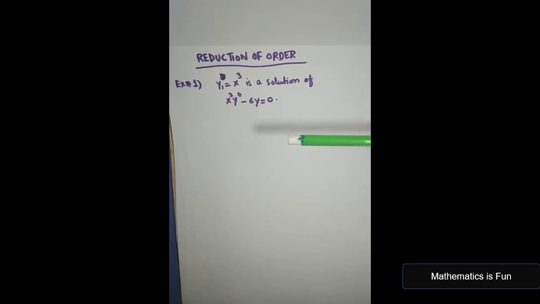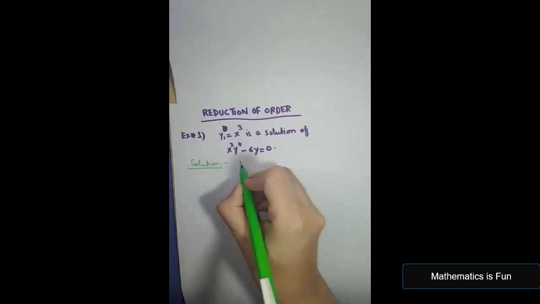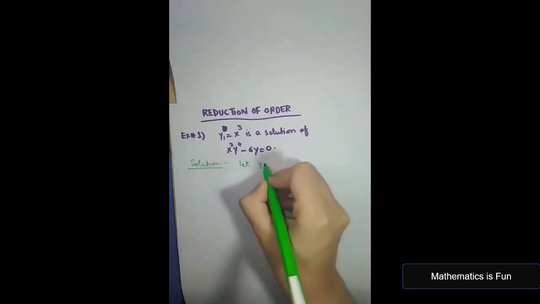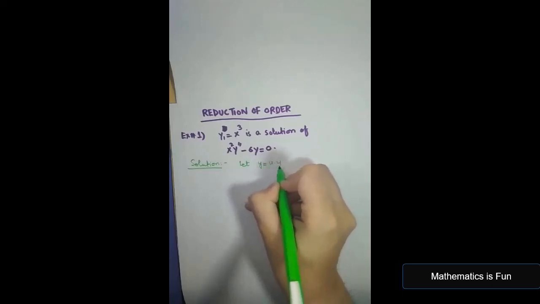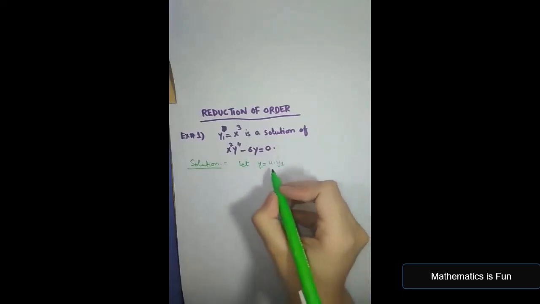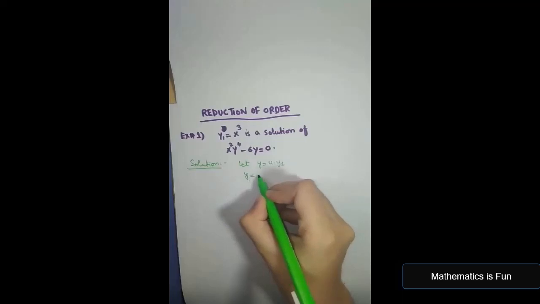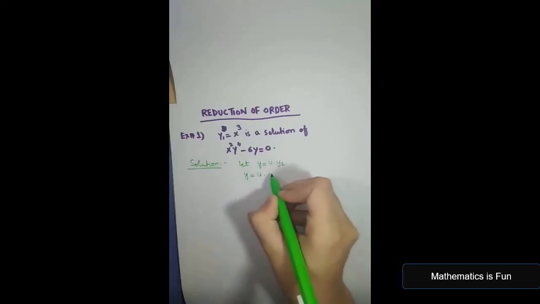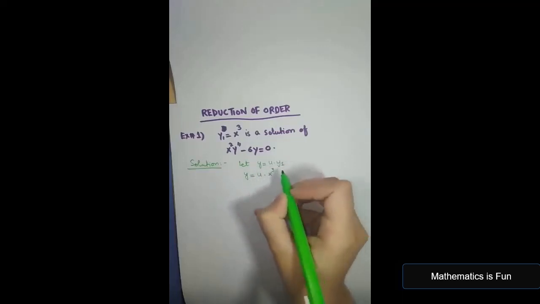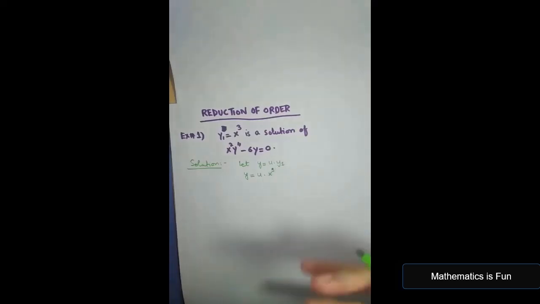So we start this by assuming y equals u times y1, and here y1 is a specific function, x cubed, so I am replacing it with x cubed.